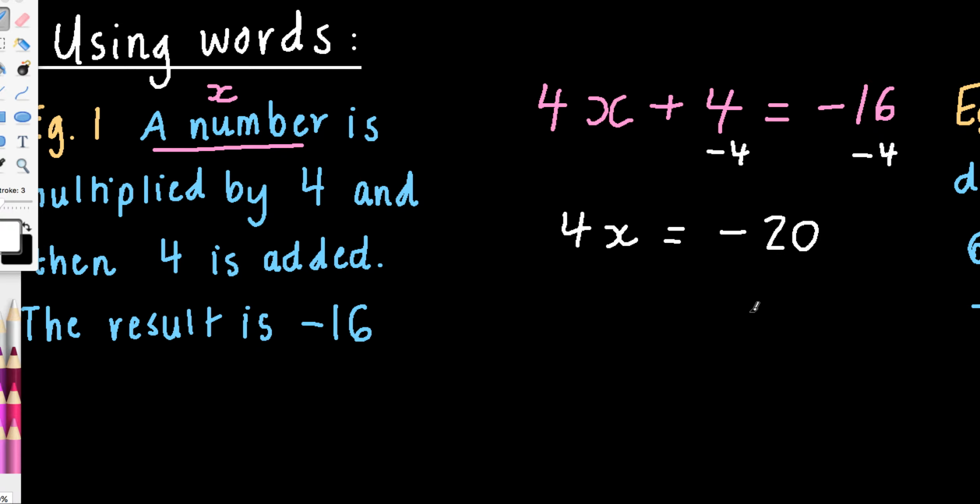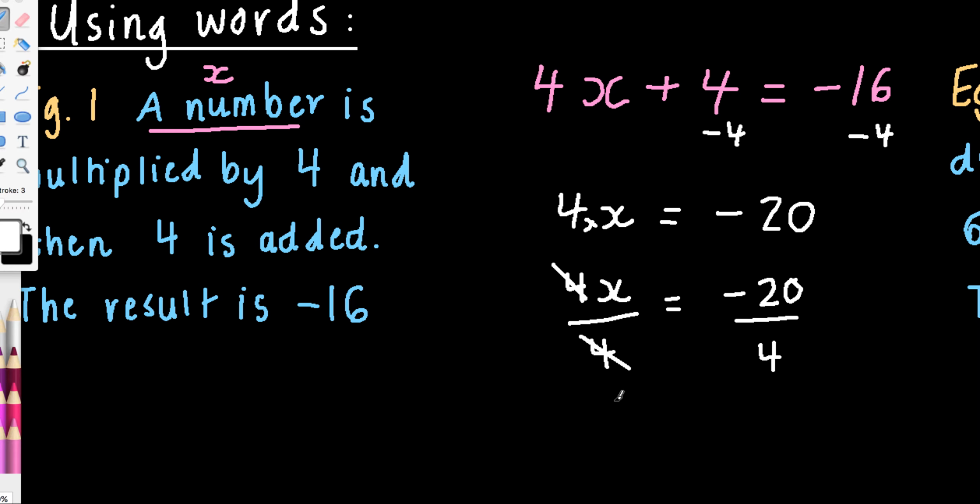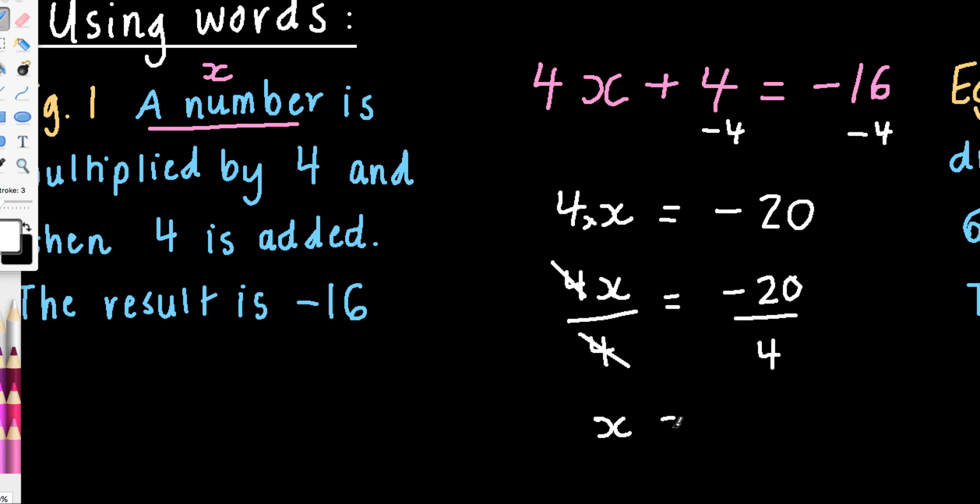By 4 units takes me to negative 20. 4 times x, so 4x divided by 4 is negative 20 divided by 4. That cancels out, and I'm left with x equals 20 on 4 is 5, but a negative divided by a positive is a negative. So my solution is x equals negative 5.